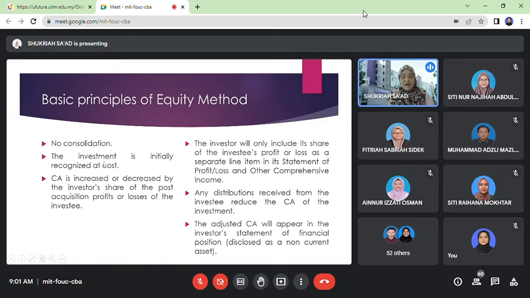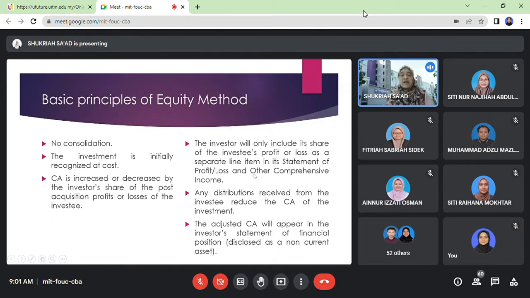The investment at cost can be increased or decreased by the holding company's share of the post-acquisition profit of the associate, because in this case the investee is now an associate, it's not a subsidiary. The investor will only include its share of the investee's, which is the associate's, profit or loss, as a separate line item in the statement of profit or loss and other comprehensive income.